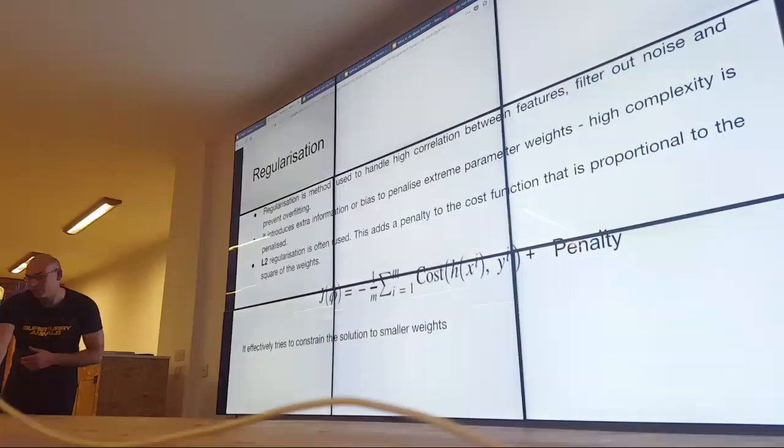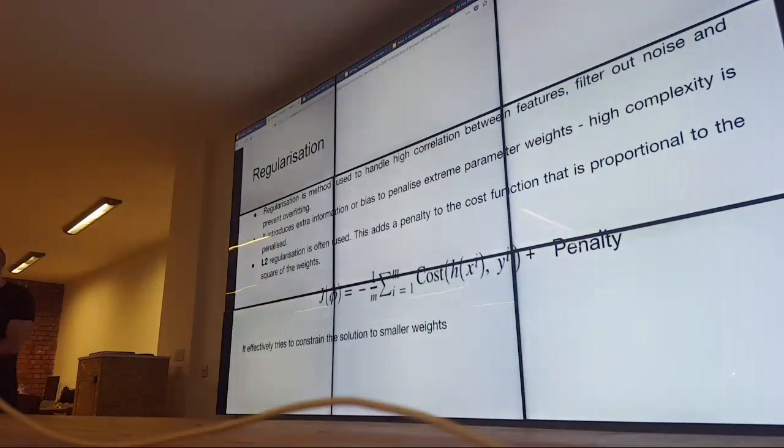But the most popular way that people come across to try and avoid overfitting is to use regularization. This is quite a well-known technique in maths and statistics. Basically, it's a method to handle overfitting and to penalise the model if it overfits.